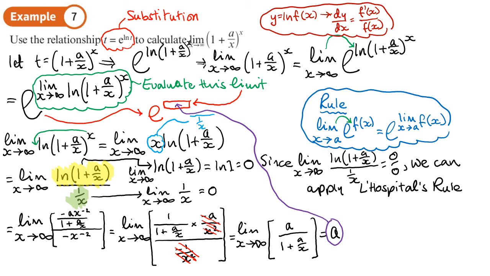We'll finish this off by saying the limit as x tends to infinity of 1 plus a over x, to the power x, is e to the a. That will be our final result.